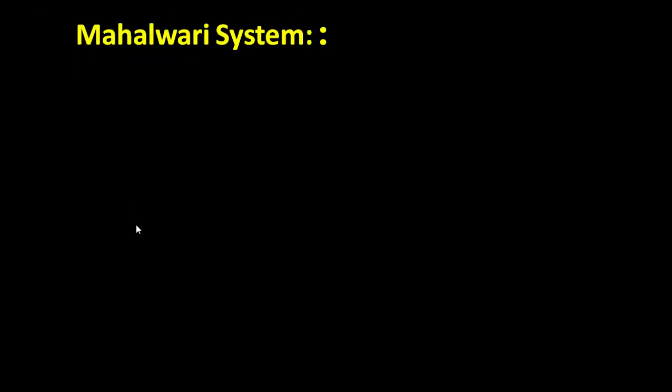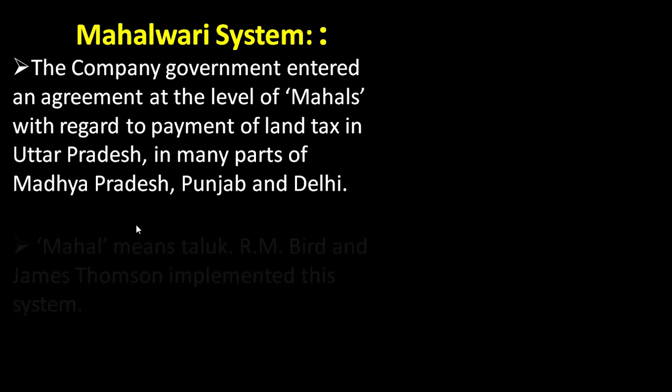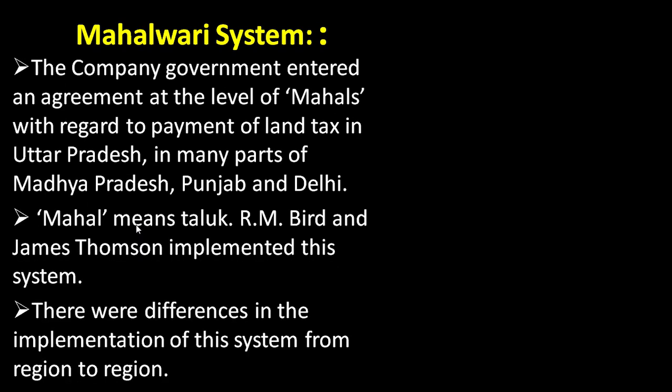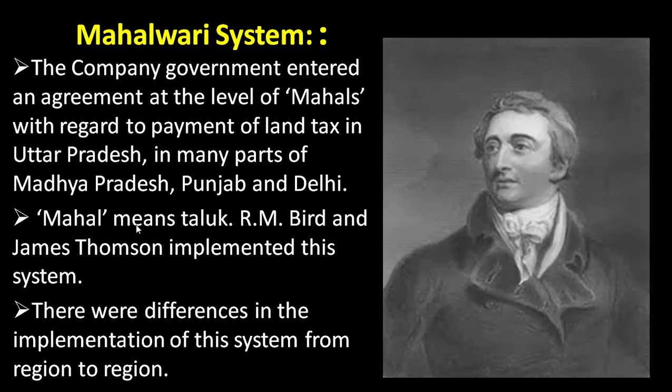And the next one is called the Mahalwari System. Under this Mahalwari System, the British East India Company government entered into an agreement at the level of Mahals with regard to payment of land tax in Uttar Pradesh, in many parts of Madhya Pradesh, Punjab and Delhi.